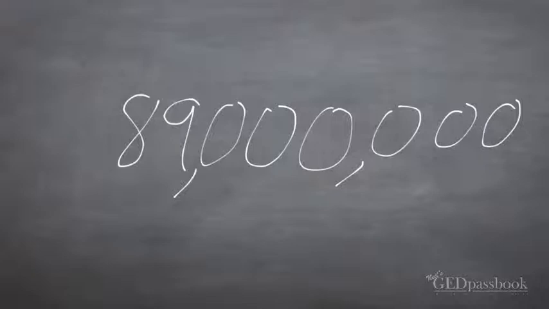We're given a standard form number and asked to convert from standard form to scientific notation. So now we're working backwards. How do we write this in scientific notation?